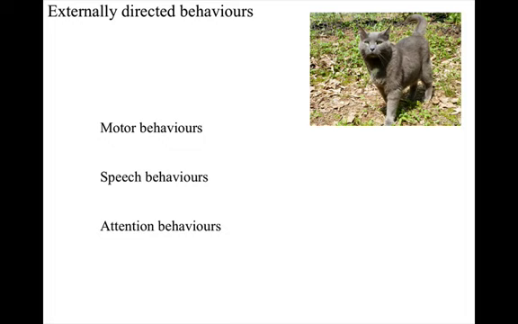First, let's think about the major types of externally directed behaviours for a brain. To make it a bit more specific, let's think about behaviours in response to perceiving a cat. Suppose you're out for a walk with someone and you see a cat. There's a number of possible external behaviours. You could stroke the cat, which is a motor sequence behaviour.